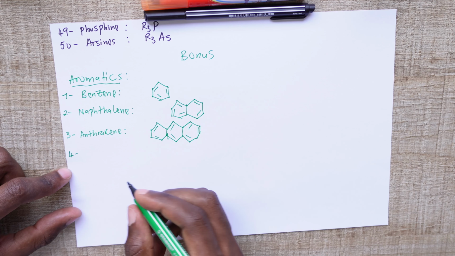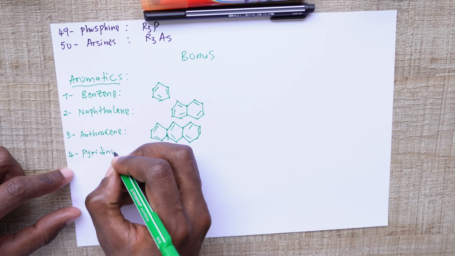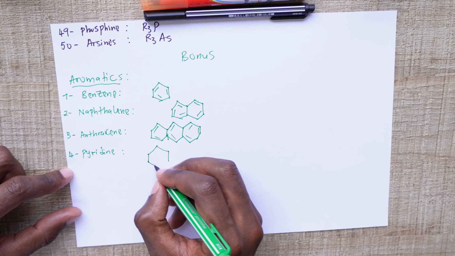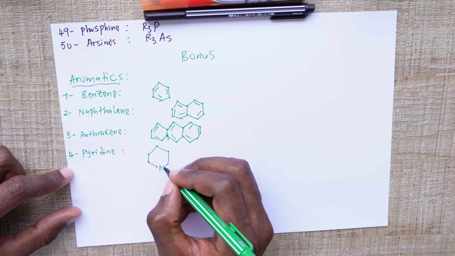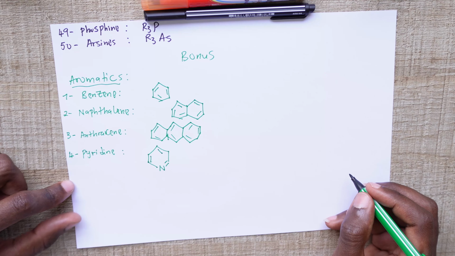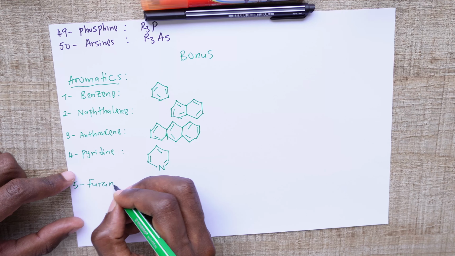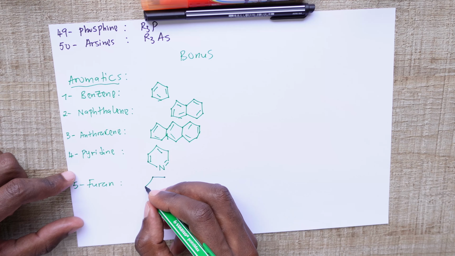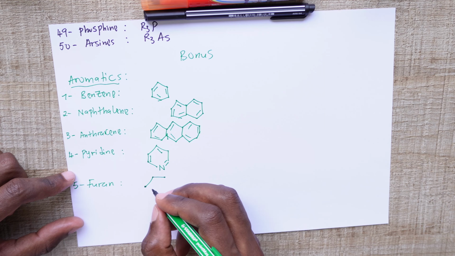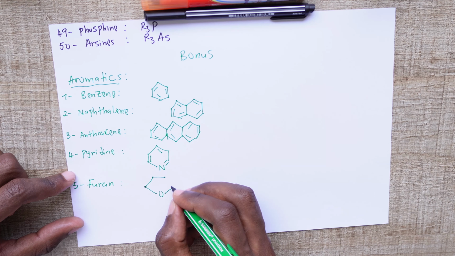Okay, in the 4th position we have the pyridines. So pyridine, which has a benzene ring with a nitrogen, and then you add some double bonds here. Good? Cool. Then we have furan. So in this case, you're having a ring that has 5 sides. 1, 2, 3, 4, 5.